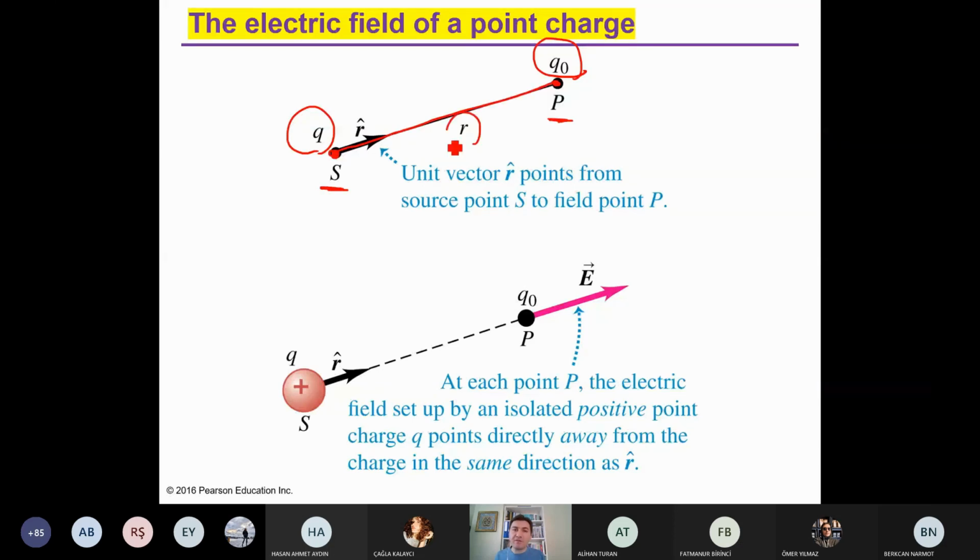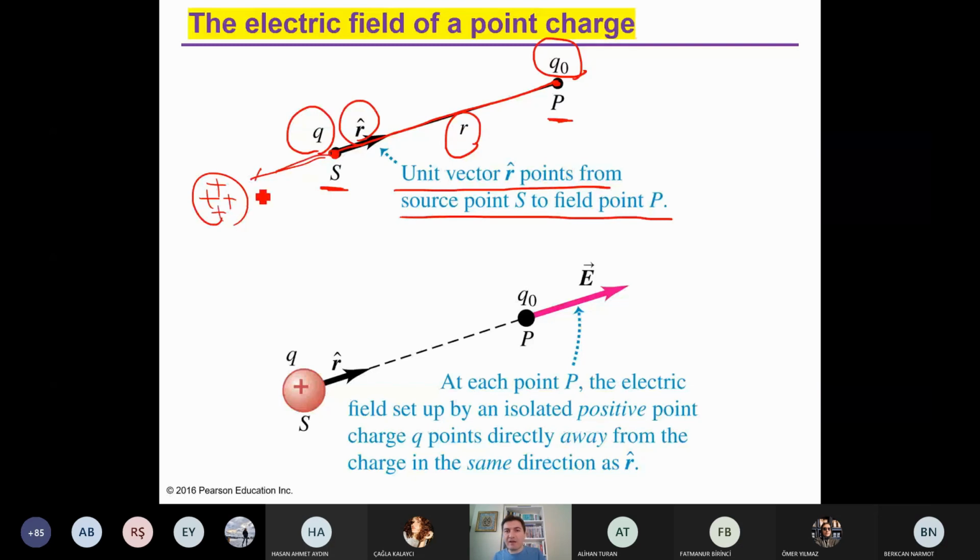And this is the unit vector. This R vector is the unit vector, points from source point to field point P. So what do we mean with source point and field point? Source point means that here we have, for example, a positively charged ball at S point here.